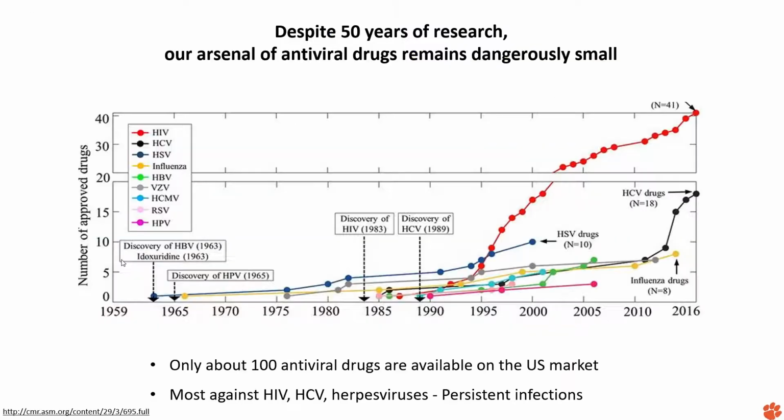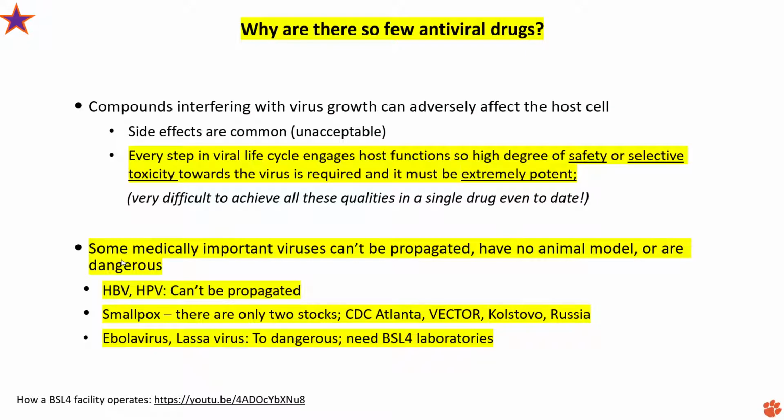All righty. So here, one of the very important questions is why we have so few antivirals, and it's very straightforward. Every step of the viral life cycle engages host function. So a high degree of safety, or selective toxicity towards the virus, is required, and it must be extremely potent.